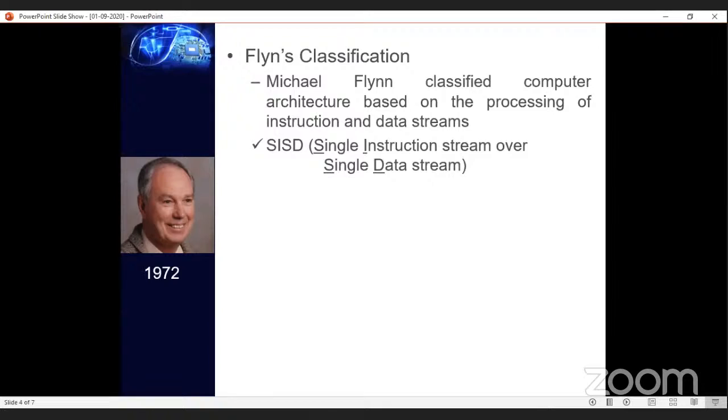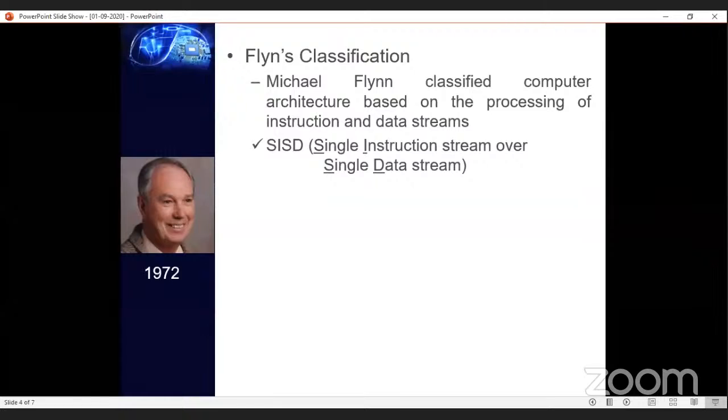So what are all the classifications that Flynn classified? SISD. So what is that, sir? Single instruction stream over single data stream. From the names itself, you can easily identify what that architecture is doing. Take SISD, single instruction stream over single data stream. Suppose a computer is following this architecture.